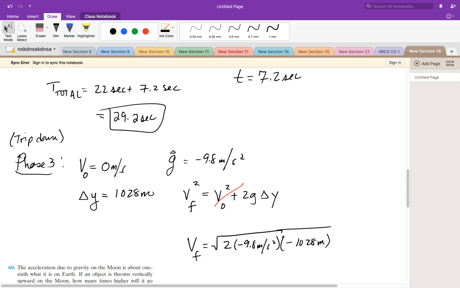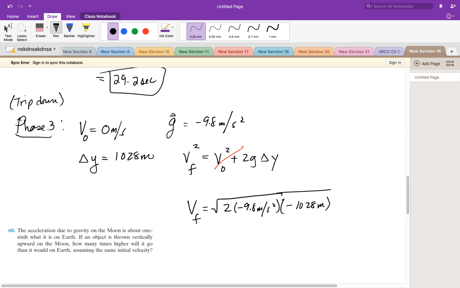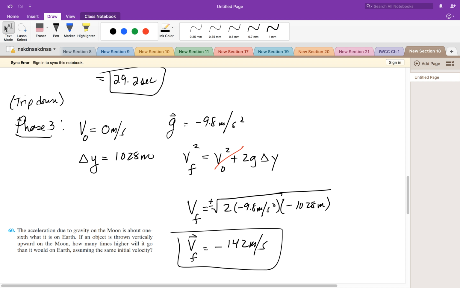So if we put these numbers in, I get about 142 meters per second, right? And you get a plus or a minus when you take a square root, and it's actually a minus now. Should be minus 142 meters per second because this is a vector and we're pointing down. So that's the idea.